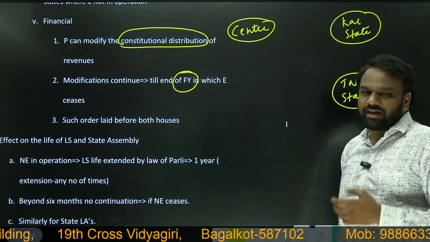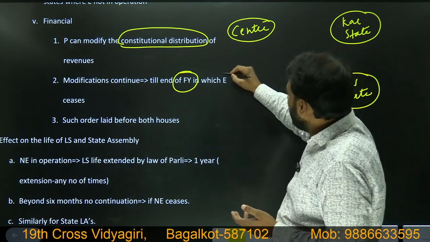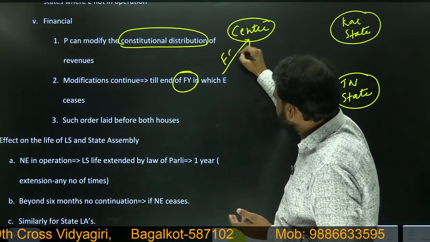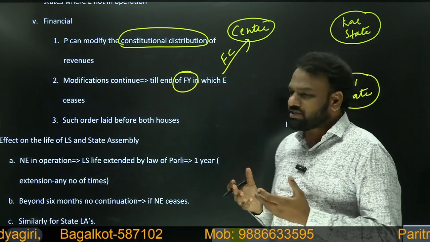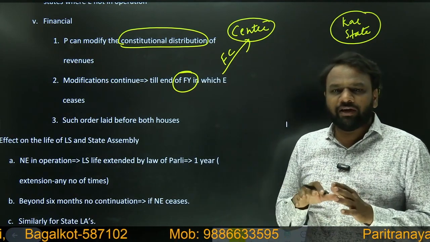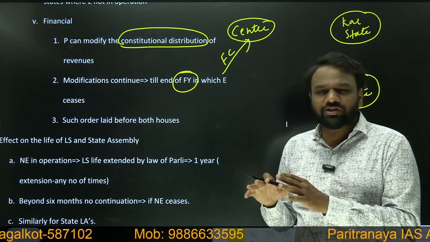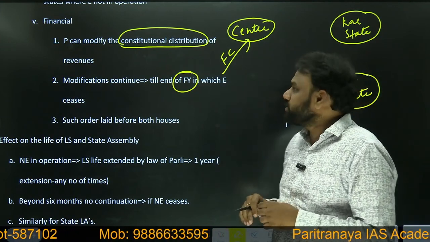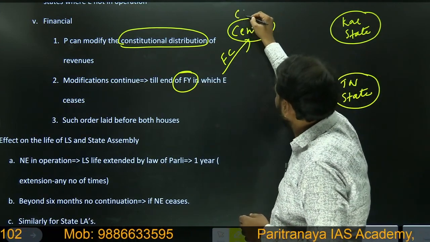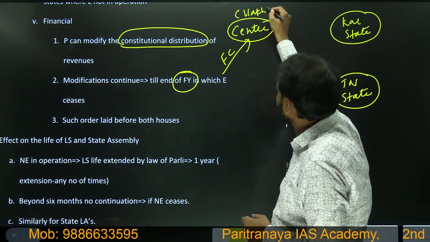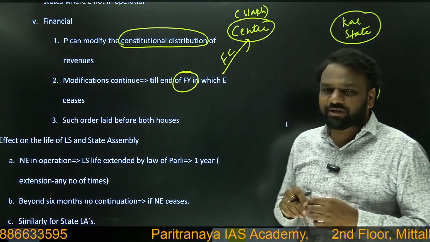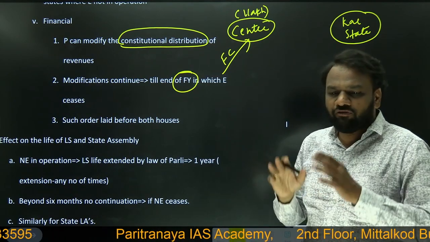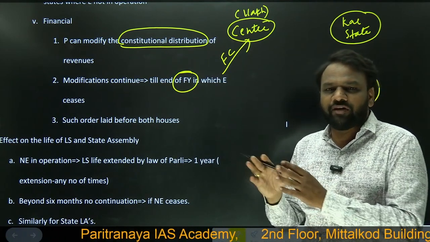In the previous class, we discussed that based on the recommendations of the Finance Commission, whatever taxes or revenues the center gets, it shares with the states. Let us assume the center has received 1 lakh rupees in revenue. As per the recent Finance Commission, 41% of the revenue has to be shared with the states.